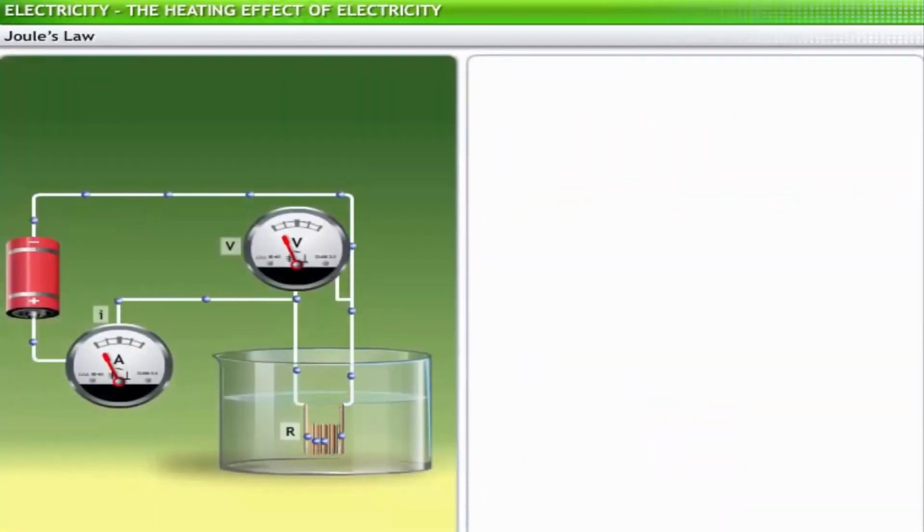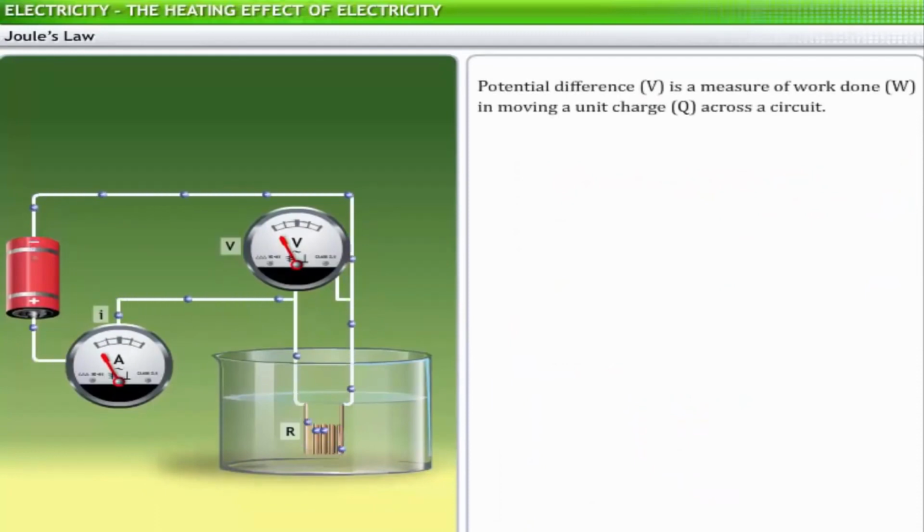To derive Joule's law, let a potential difference of V volts drive a charge Q coulomb through a heating element, and W be the work done. The potential difference is a measure of work done in moving a unit charge across a circuit.